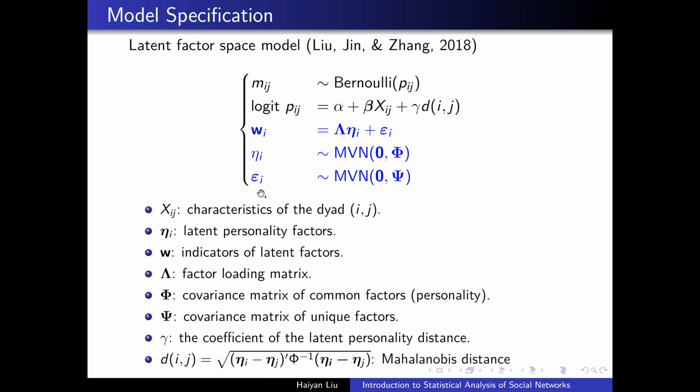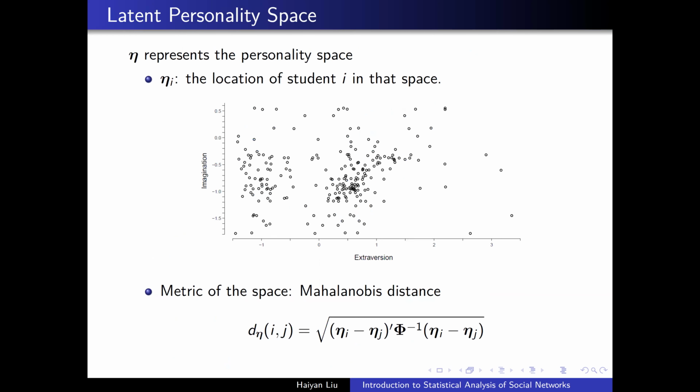So for each student, we can obtain a factor score, such as a personality factor score estimate, by fitting the CFA to the personality data. For instance, when we plot the factor scores, extroversion and imagination, each bubble in the plot represents a student's position in the space formed by extroversion and imagination.